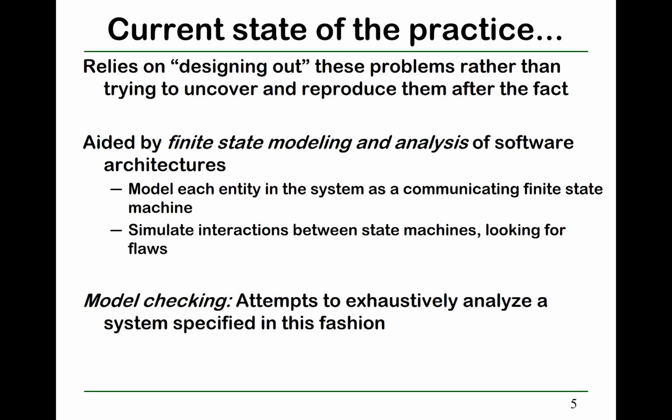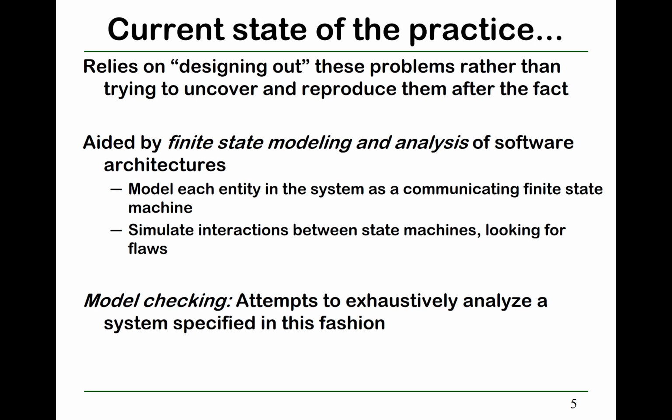Alright, so how do we deal with this issue? We have to model the states. So we need to model each entity in a system as a communicating finite state machine, and then we can simulate the interactions between the state machines, and then we see whether there are flaws in the system.